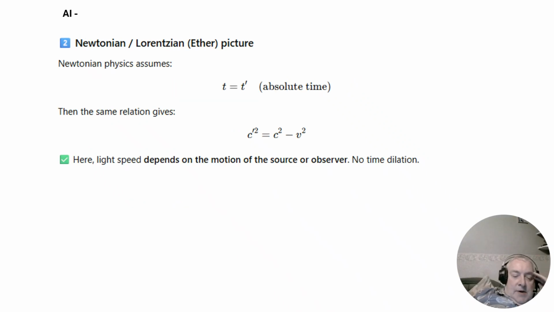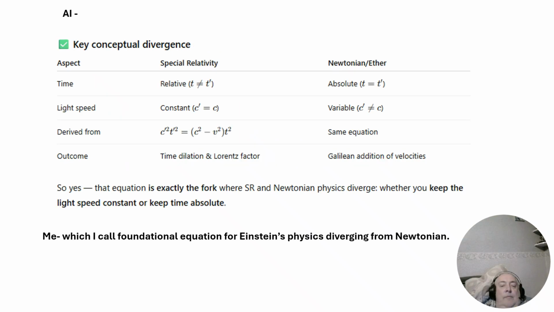So in the case of the Newtonian, Lorentzian ether picture, Newtonian physics assumes t is equal to t prime, and that's absolute time, and then you get the equation for light speed c prime not being constant, and there's no time dilation, and we dealt with that earlier.